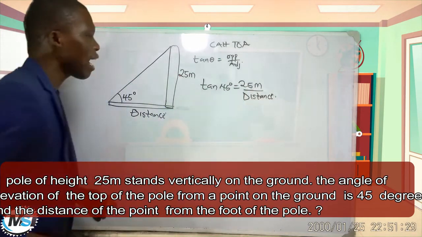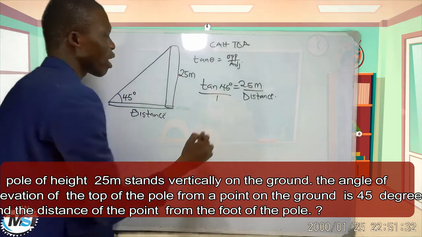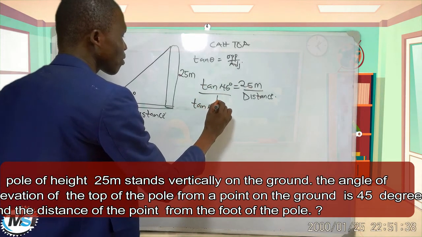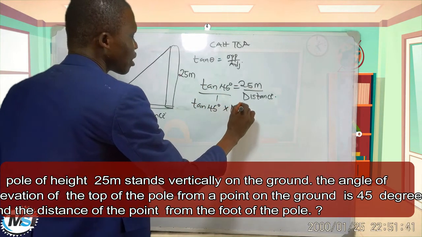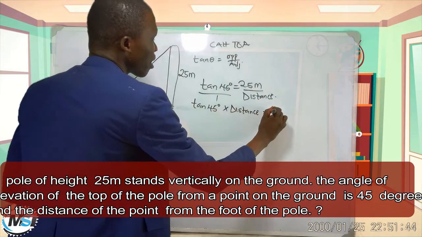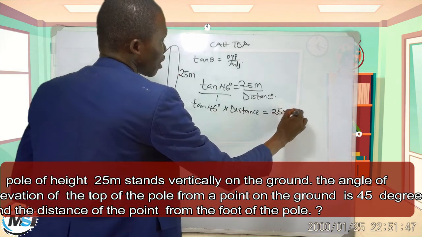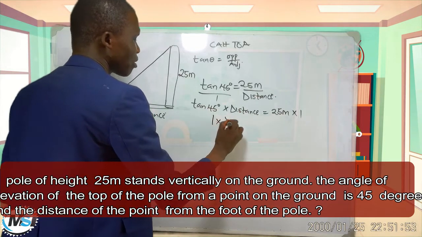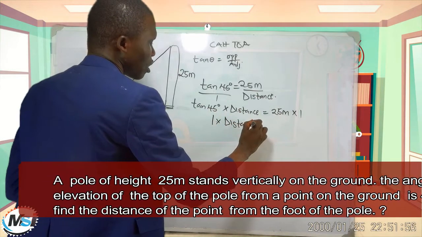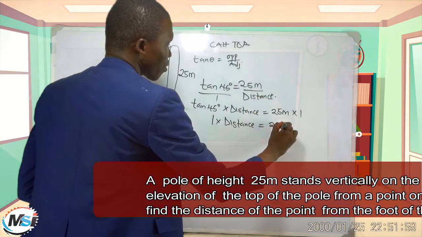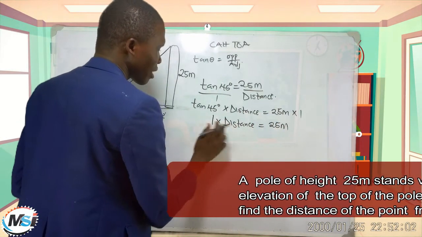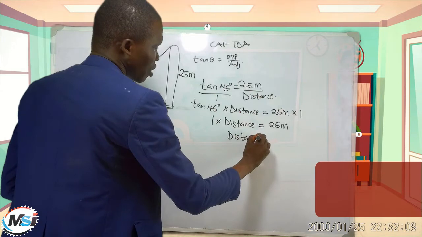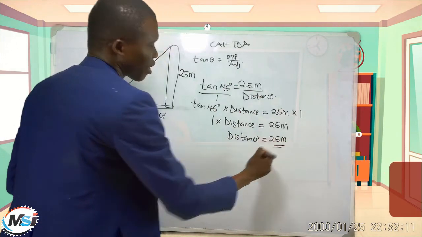Now what you do here, divide this by 1 and cross multiply. When you do that, we are going to have tan 45 degrees times distance equals 25 meters times 1. So tan 45 is 1, times distance equals 25 meters. So 1 times distance will still give you the same. So distance is what? Is 25 meters. I believe you understand.